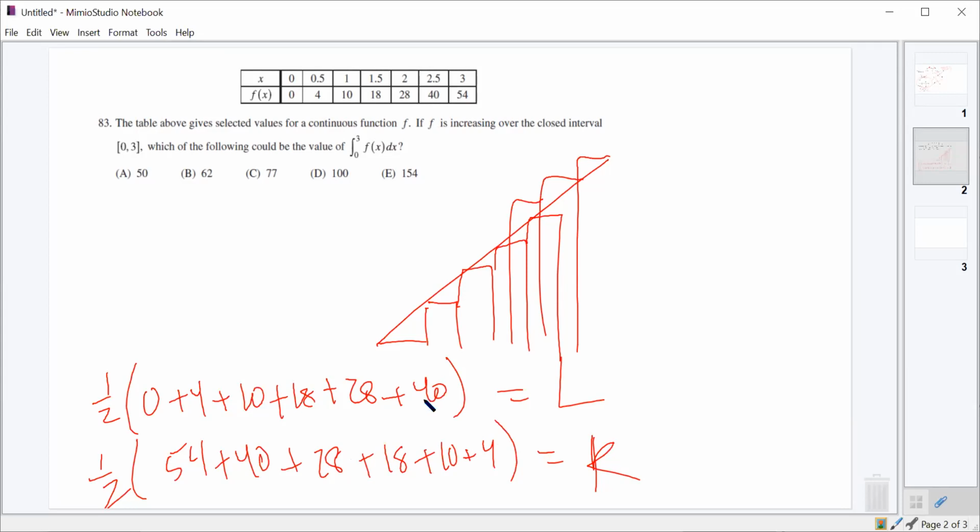So I don't know, what does that come out to be? That's 50, 60, 70, 80. Looks like this one is 50. And this one, what is that going to come out to be?